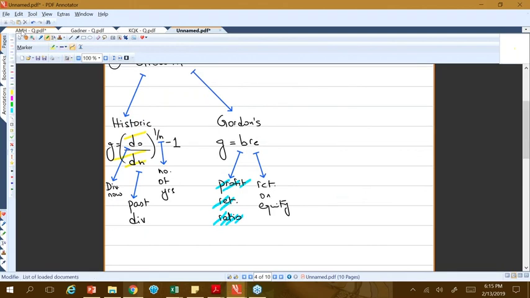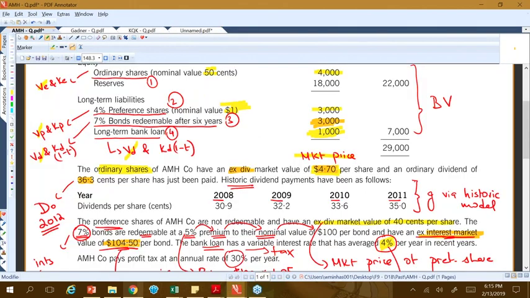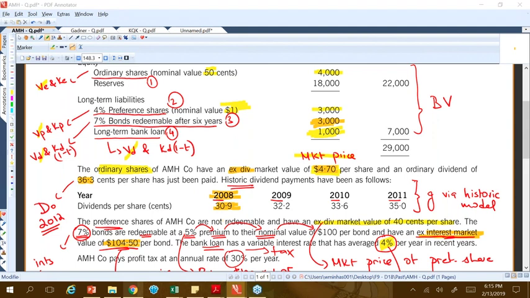DN is the past dividend. So if 2012 is 36.3, the 2008 dividend, the first point of the dividends, was 30.9. So I'll take this as DN, the 30.9, to the power of 1 by n.